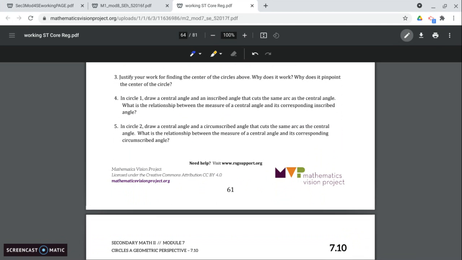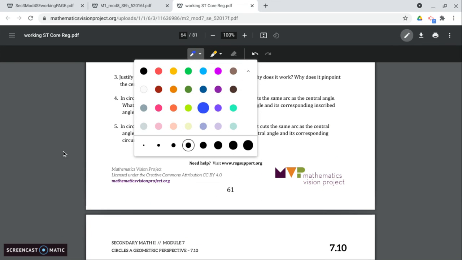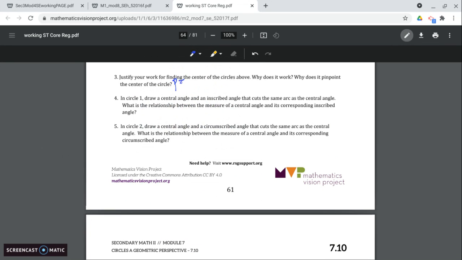So perpendicular bisectors of chords contain all the points that are equidistant from the endpoints of the chord. By constructing two of these, their intersection creates the center of the circle. So let me shrink this down. Perpendicular bisectors of chords find all points equidistant.